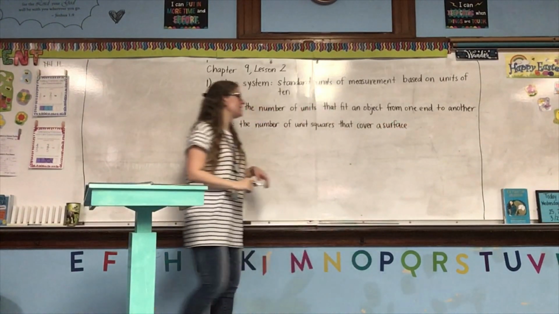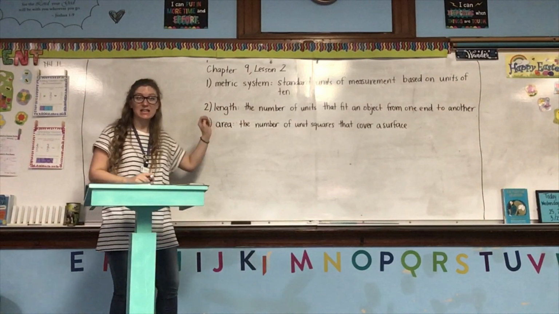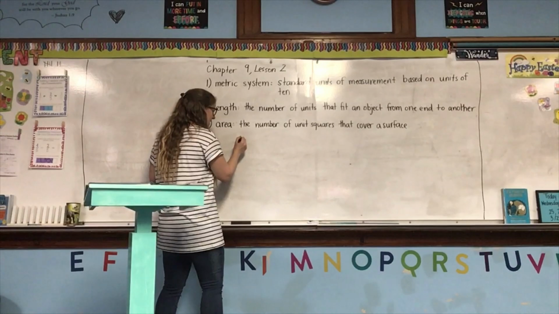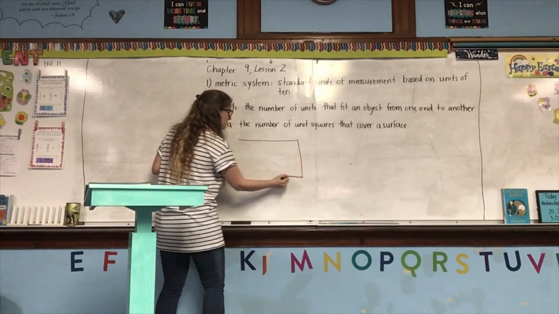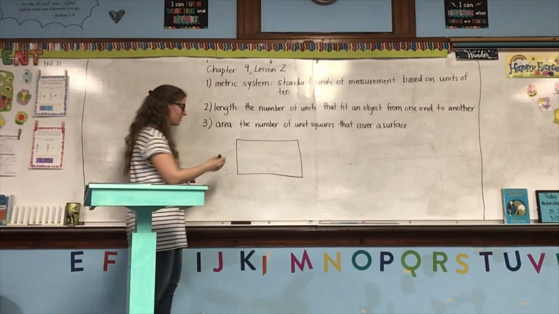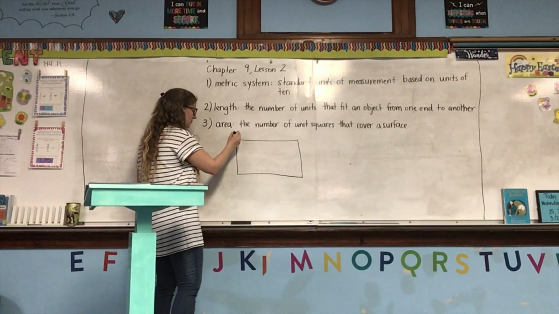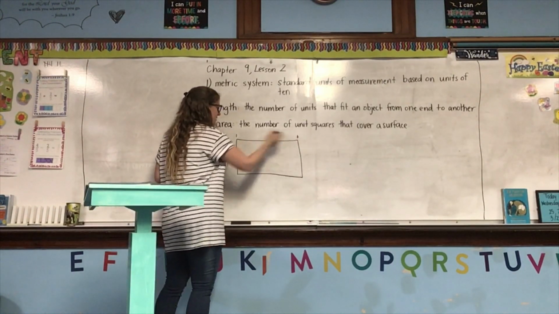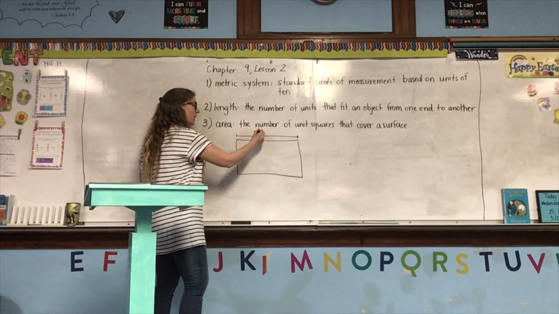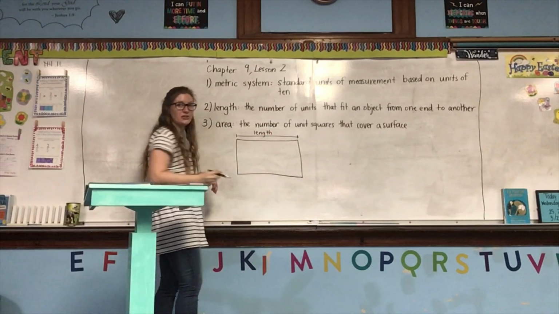Okay? Now the difference between length, width, and area is this. So say I have a rectangle. The length would be from end to end. Go ahead and draw this in your notebook.